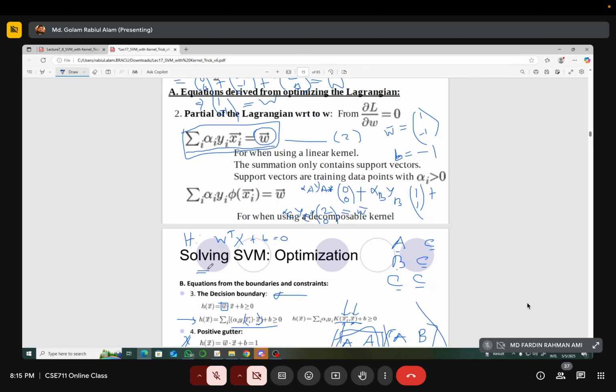In such a case, we have w. The w is 1 and negative 1. So if we do the transpose here, that is 1 and minus 1.